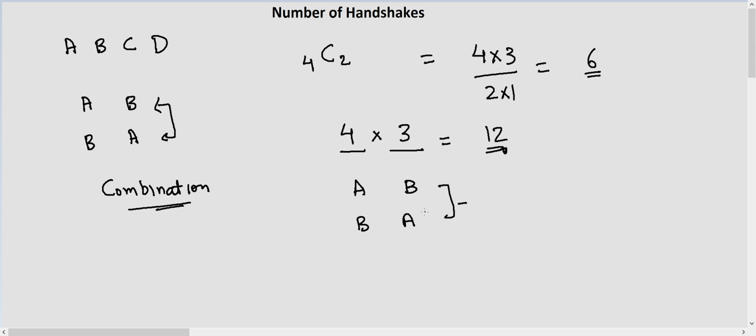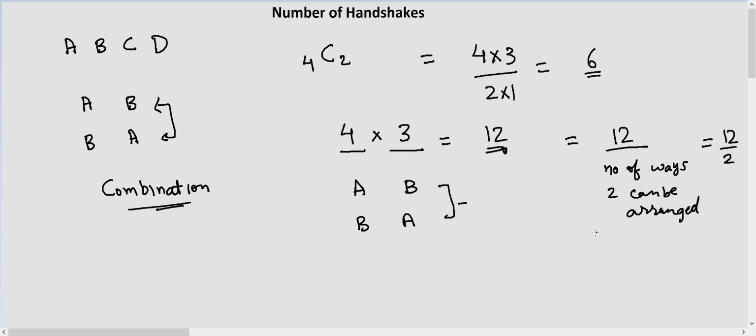These are the same handshake. So therefore we have to divide this 12 by the number of ways A and B can be arranged, which is 2 different ways. So that's why we have to divide it by 2, and that will give us an answer of 6.